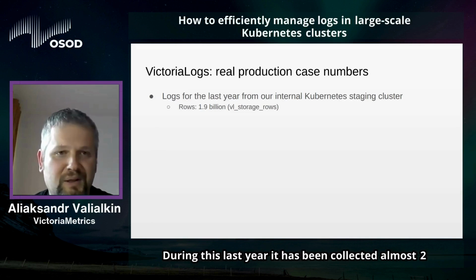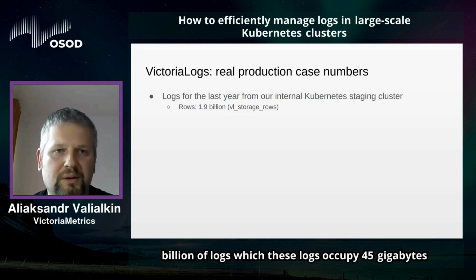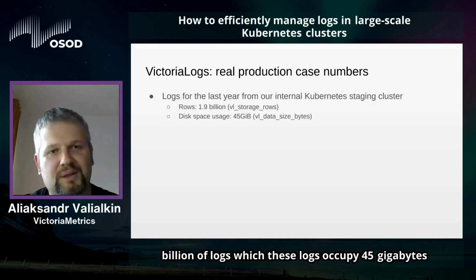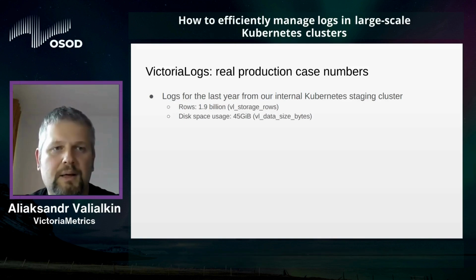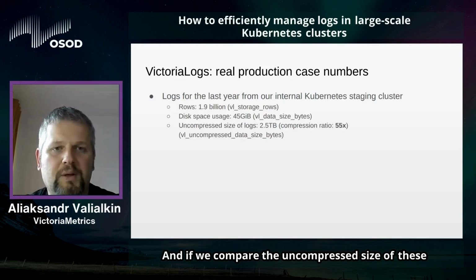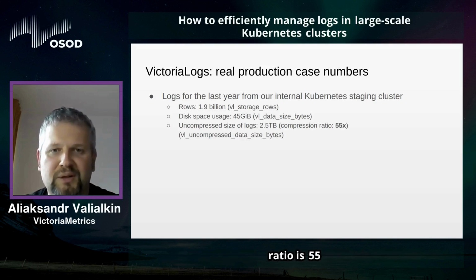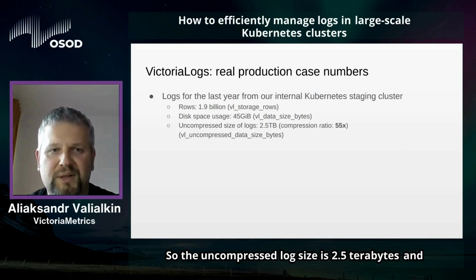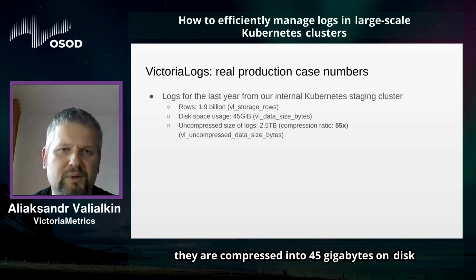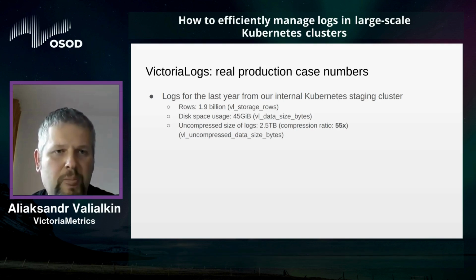During this last year, almost 2 billion logs have been collected, and these logs occupy 45 gigabytes of disk space. If we compare the uncompressed size of these logs to the compressed size, the compression ratio is 55. So the uncompressed log size is 2.5 terabytes, and they are compressed into 45 gigabytes on disk.